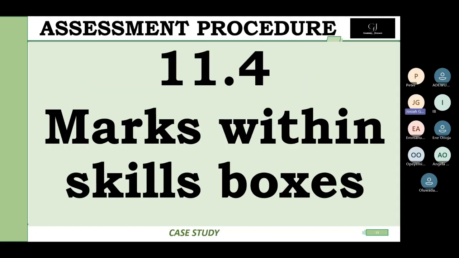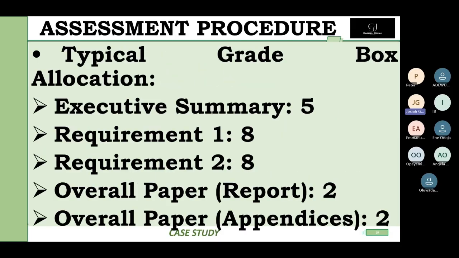So the next question is marks within the skill boxes. How are you allocated marks, or how do you earn the marks within the skill boxes? Typically the grade box allocation speaks to the executive summary having 5 points. I don't want to call them marks, but you have 5 points. Then based on the requirements, you have 8 points. That's 8 boxes you need to speak to.